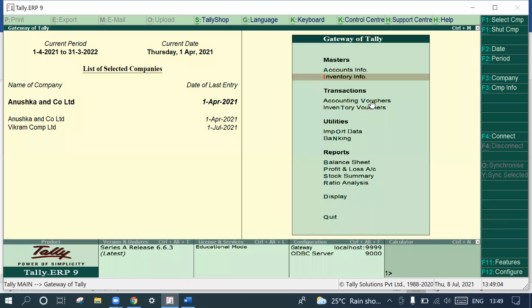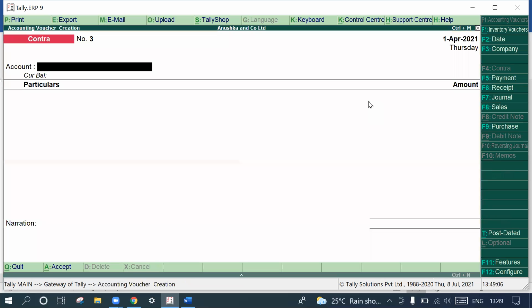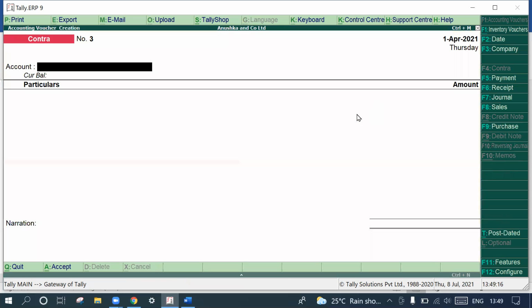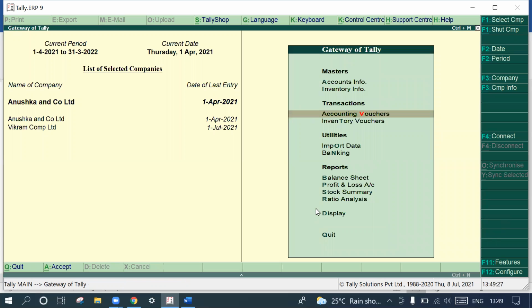the accounting vouchers. Yes, already we have entered the vouchers. If we want to display them, yes.